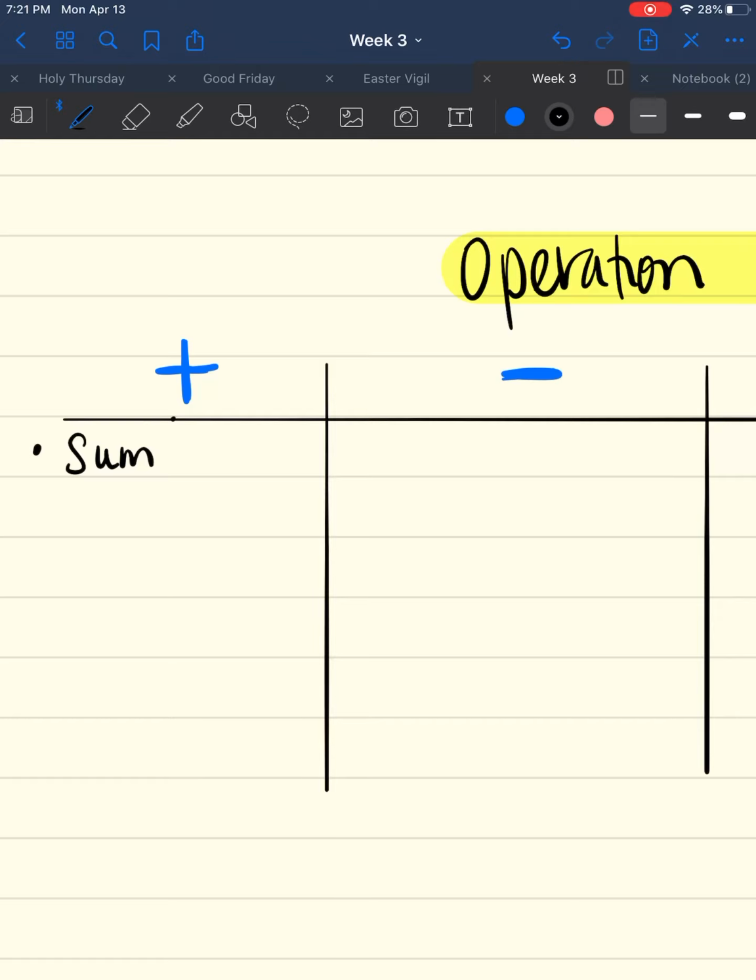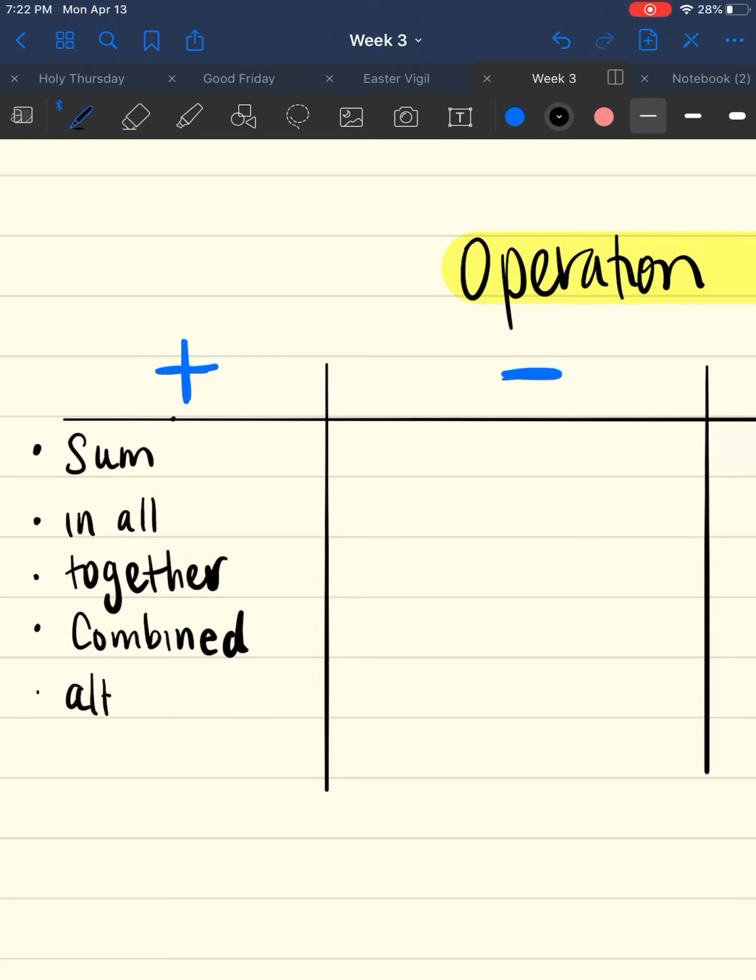Another one that we have is in all. We might also see together. Another one might be combined. These are just words that when you see them, they represent addition. These are just some, by the way, not every single one of them. Another one you might see is all together. And it just depends on your situation.